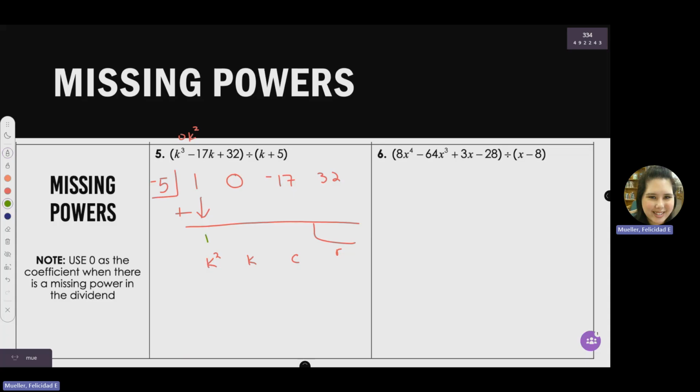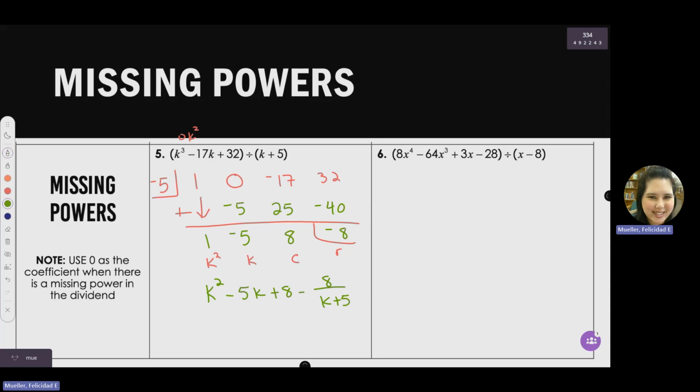So we bring down the 1, times -5, times -5 is 25. -17 plus 25 is 8. 8 times -5 is -40. So -8. So we get k squared minus 5k plus 8 minus 8 over k plus 5.